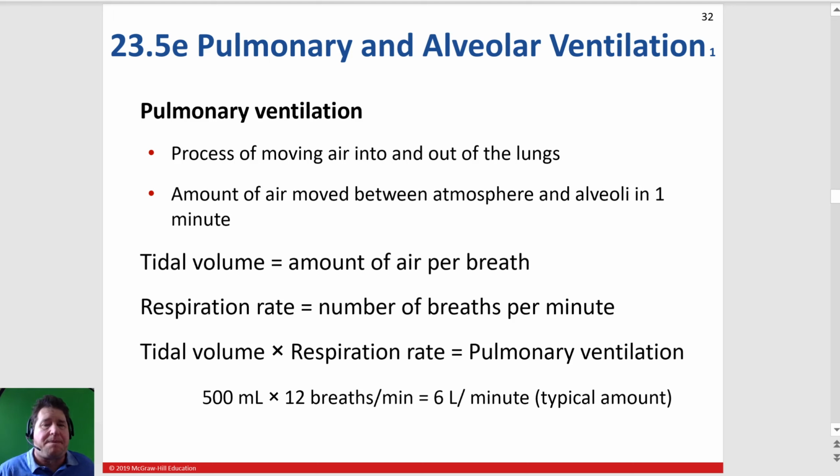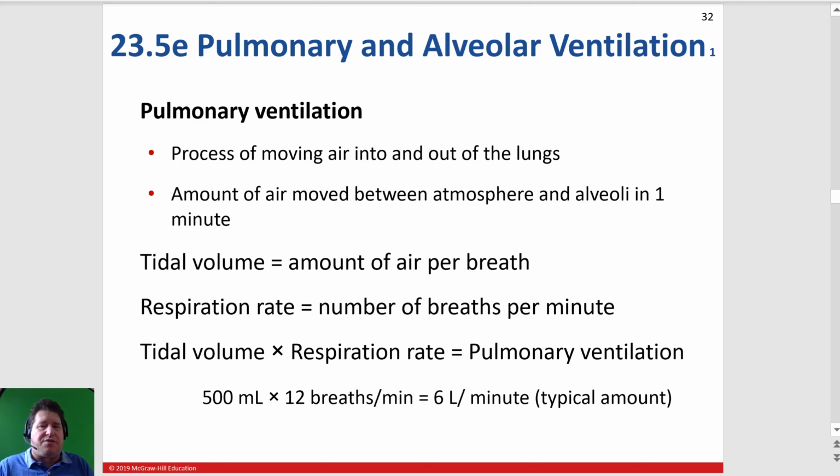So the whole thing, we call it ventilation. Pulmonary ventilation, alveolar ventilation. I think I mentioned that a little bit ago. Pulmonary ventilation is air going in and out of the lungs, basically into the respiratory system itself, all the way through the dead zone, the carrier zone.